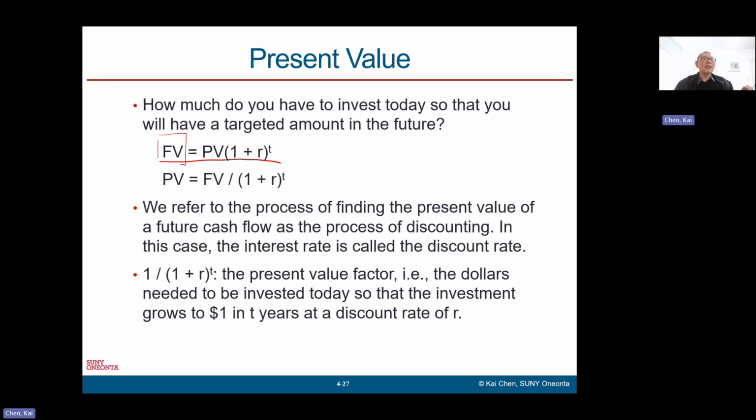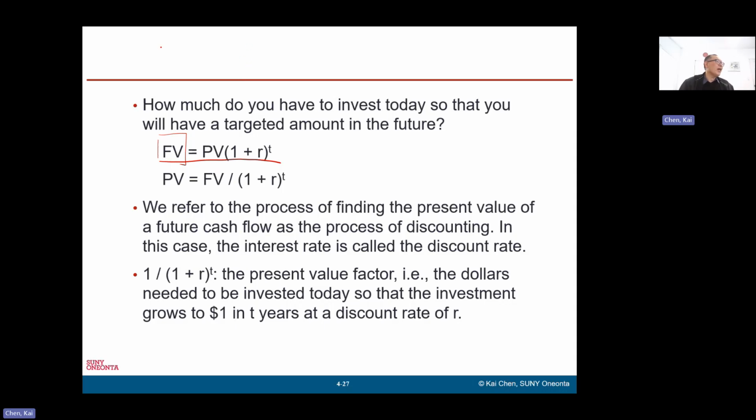The solution is we are going to solve this equation for PV, because PV is what we're looking for. Using a little algebra, it is easy for us to find out the PV.